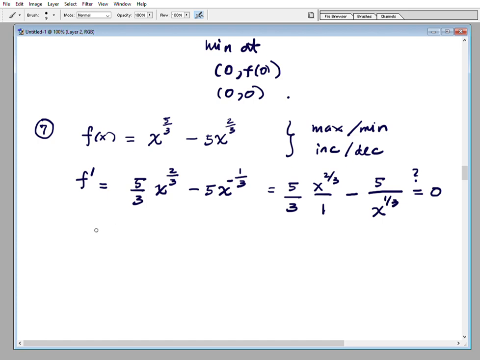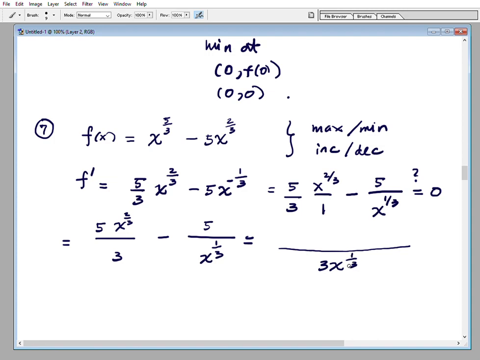So here we have, let's write it again, 5x to the 2/3 over 3 minus 5 over x to the 1/3. The common denominator is going to be, we just multiply top and bottom by x to the 1/3.